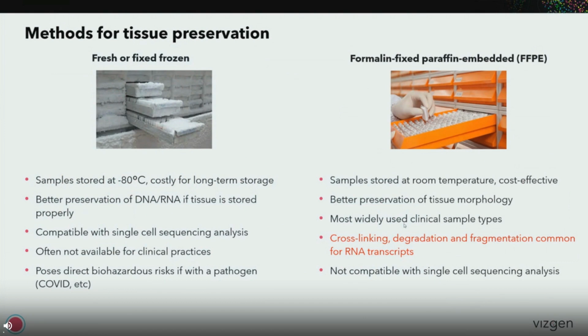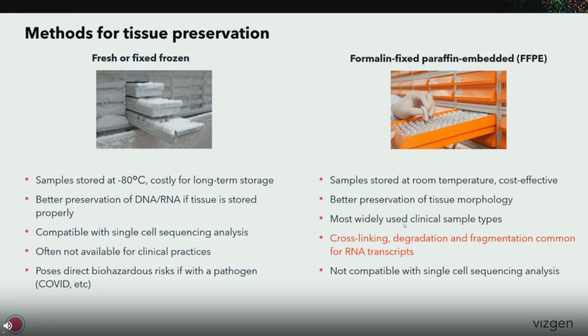However, the tissue blocks usually need to be stored at -80, and this is a very costly solution and often not available for clinical practices. On the other hand, FFPE, or so-called formalin-fixed paraffin-embedded samples, are widely available, and it could preserve the tissue morphology better.